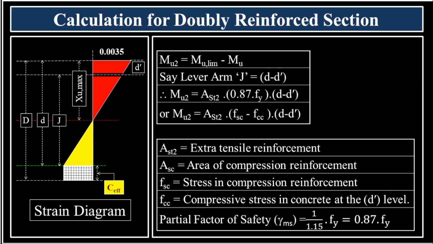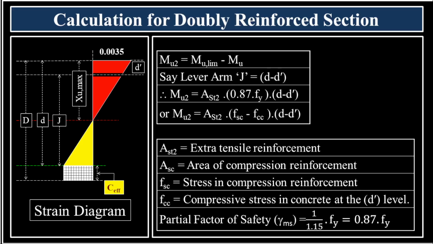This is Asc, the area of compression reinforcement, multiplied by the effective stress in the compression steel, which is fsc minus fcc, and then multiplied by the lever arm d minus d'. Here, fsc is the stress in the compression reinforcement, and fcc represents the compressive stress in the concrete at the level of the compression steel.